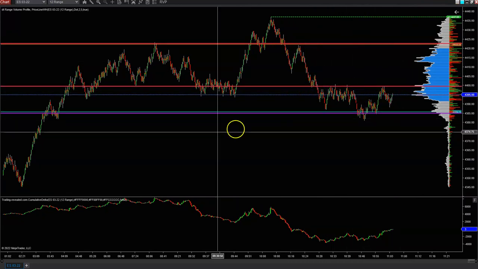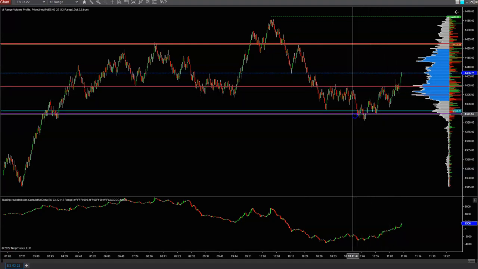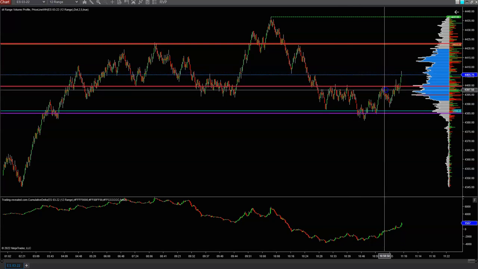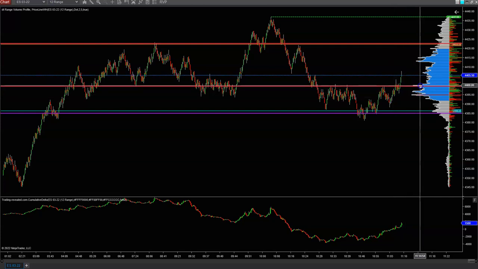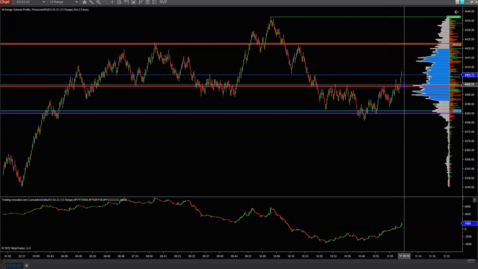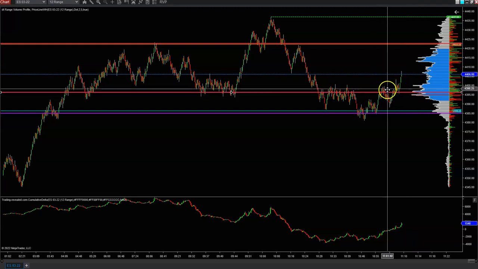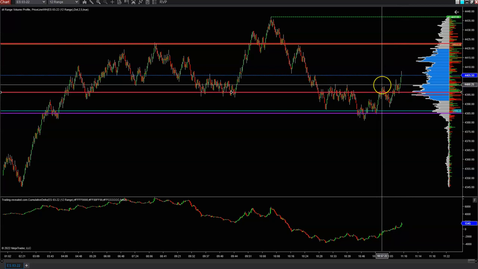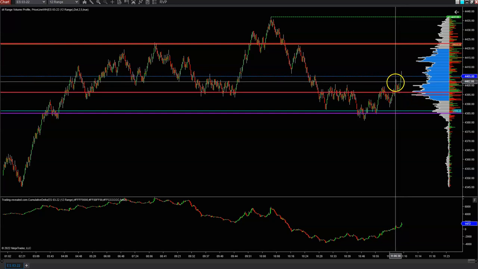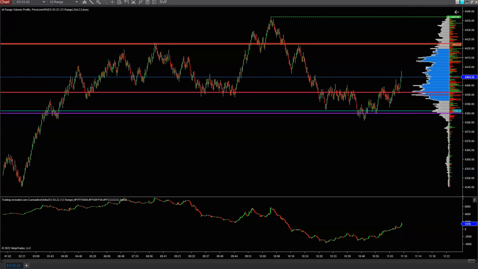Okay, we're moving sideways right here. The market is pushing higher now. Let's see. All right, so breaking back above this area of volume right here. Maybe around this area right here, I'd like to see price pull back to it. We'll see what happens if price pulls back to that area.